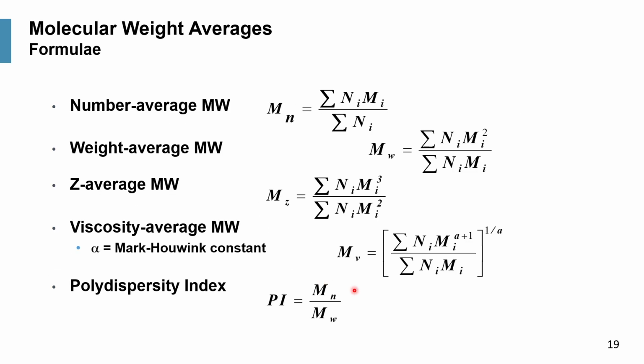Here are the actual calculations being shown: the number average, weight average, Z average in terms of the polymer length, viscosity average, and polydispersity index.